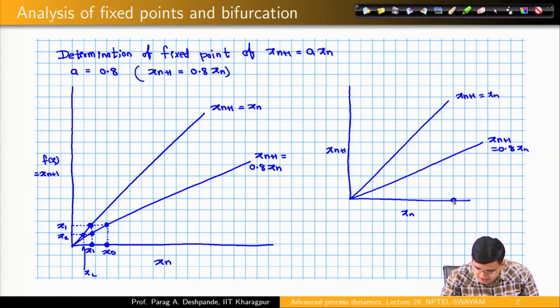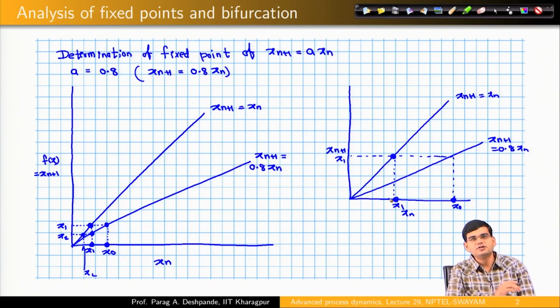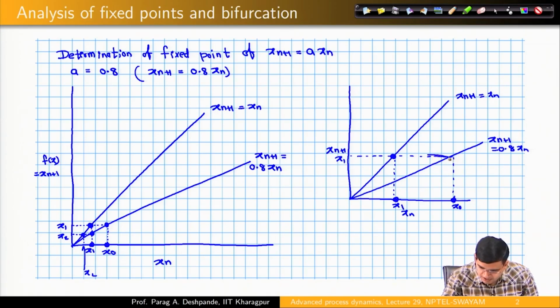So, I start with x 0, I go to this function, this gives me x 1, and therefore I will come to this point, x 1 is equal to x n plus 1. So, this becomes x 1, and I will keep on doing this. I will keep on evolving my system in time, and I am coming here, then here, then here, then here, then here, and so on.